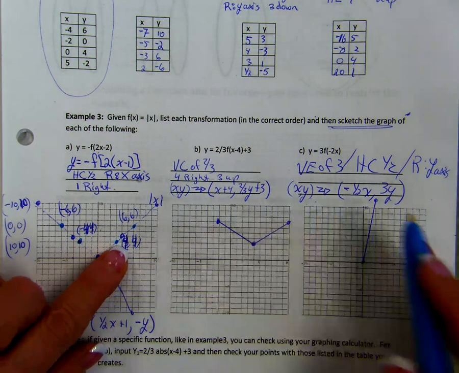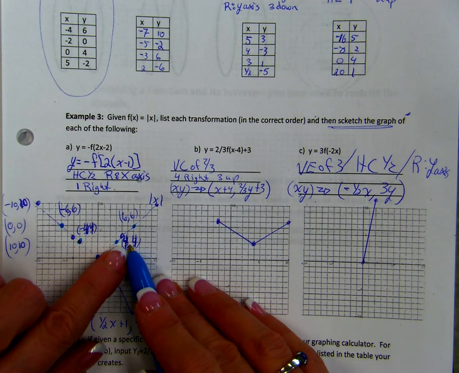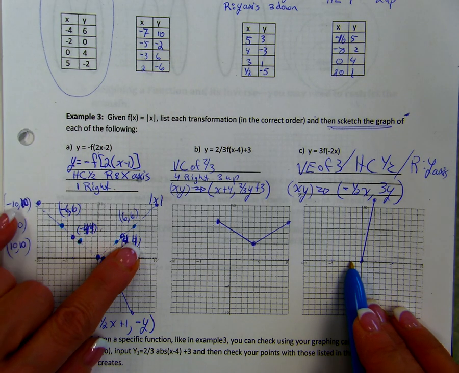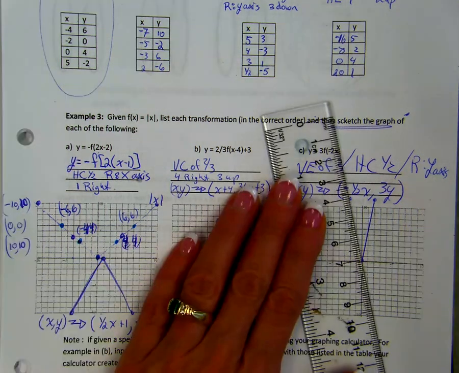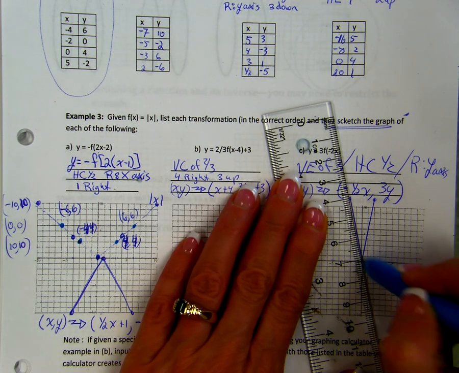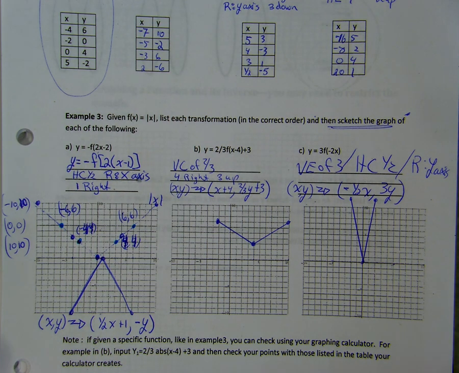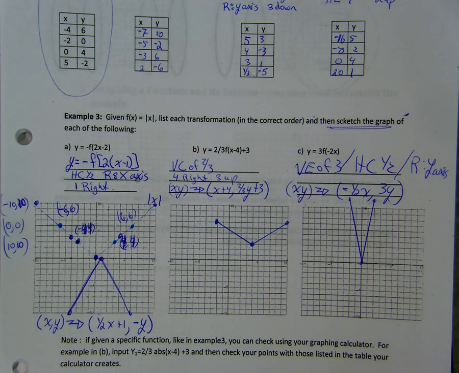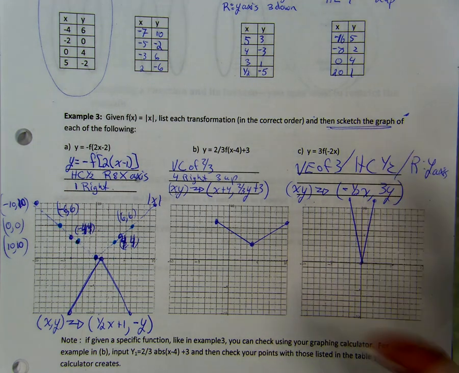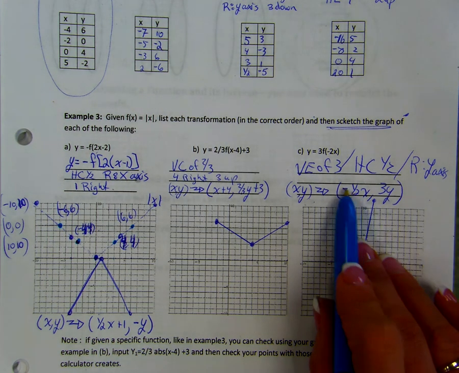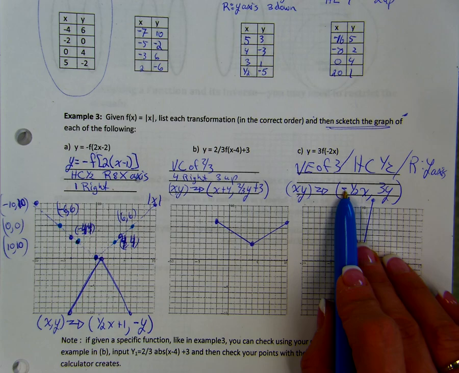Half is going to give me -2, 4 times that. The graph looks the same shape, and it got taller.